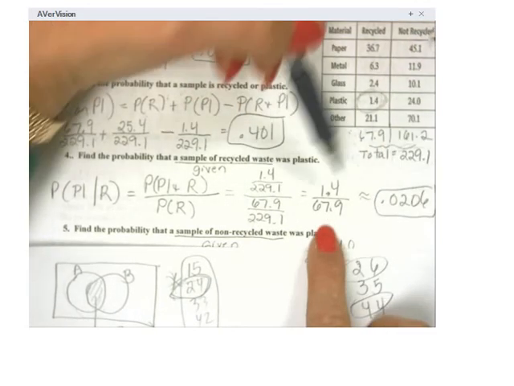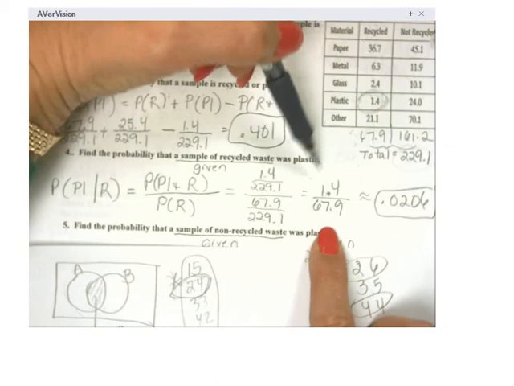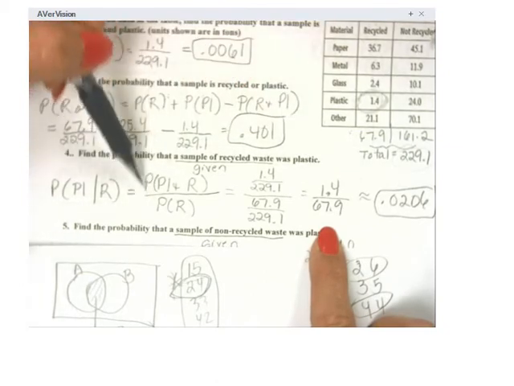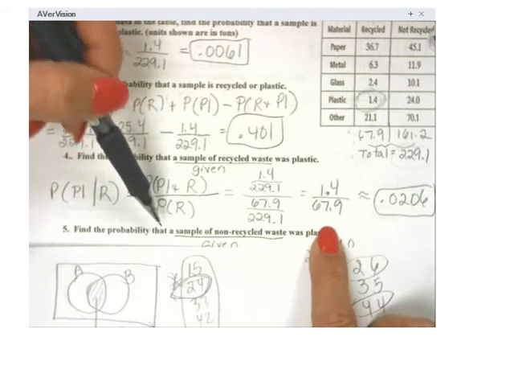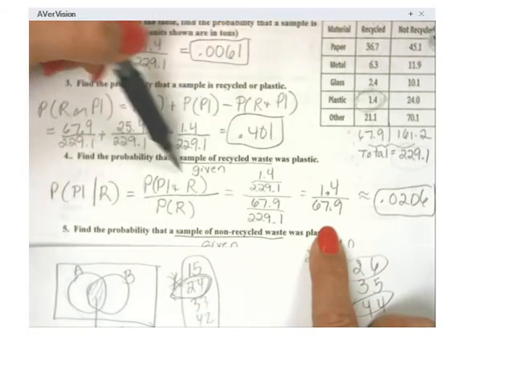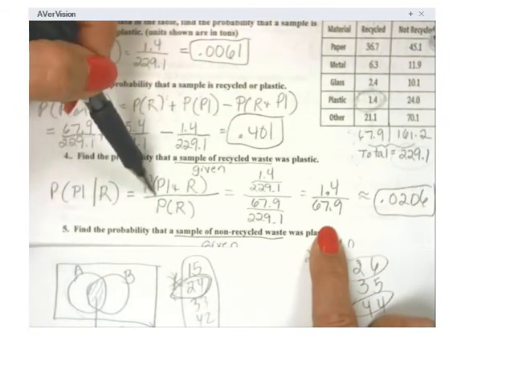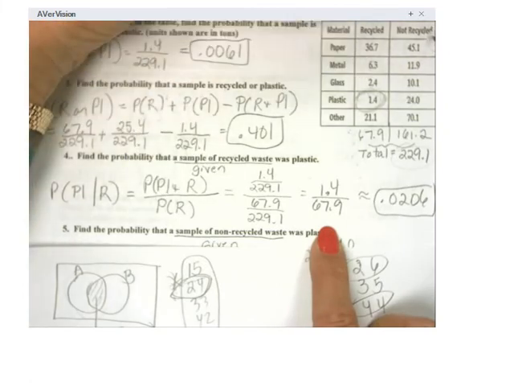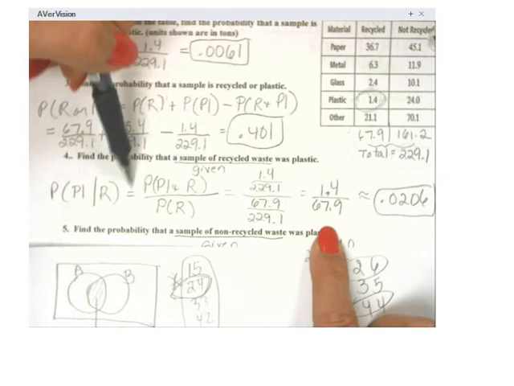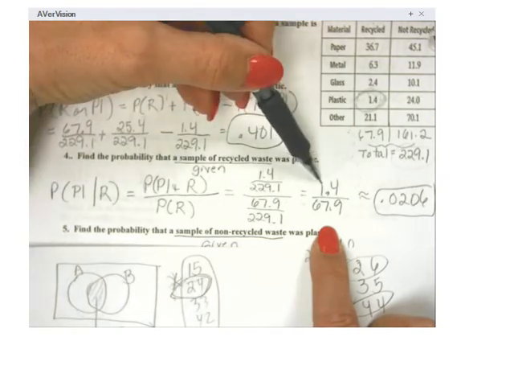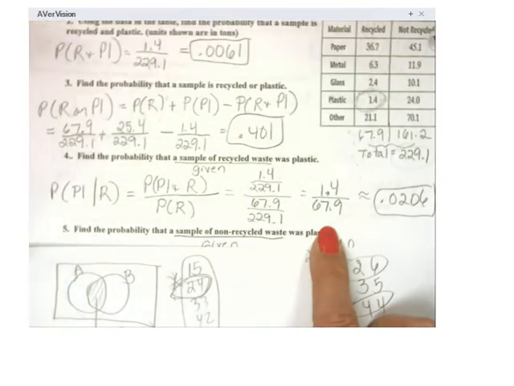But easier yet is to just find how much there is of each of these two. The number of recycled products is that column total, 67.9, and the number of items in the intersection is 1.4, and that gives me my probability.